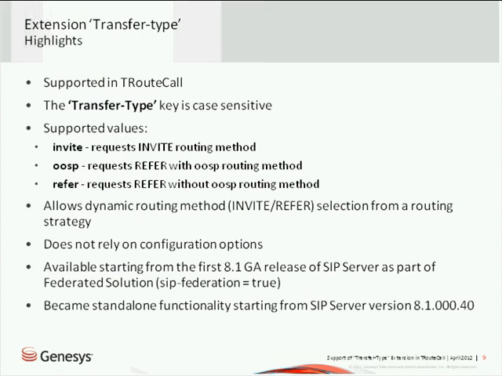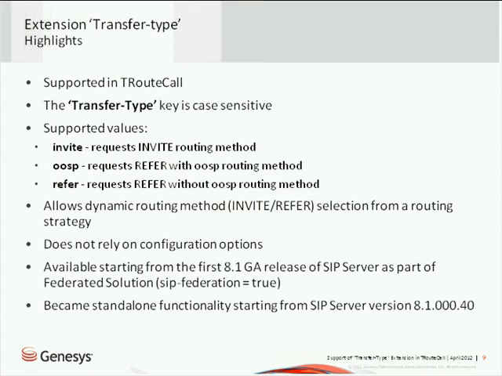Okay, so we reviewed three call routing SIP methods at SIP server level. Until now, for those routing methods, you could configure which routing method to use only using configuration options.